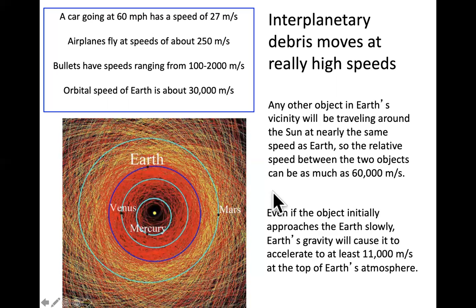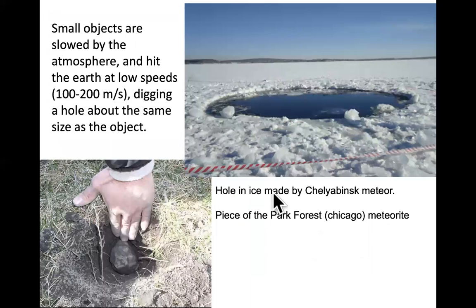Now, what happens to that energy does depend on the size of the object. If it's a small object, like the Park Forest meteorite, it's slowed down by the atmosphere.